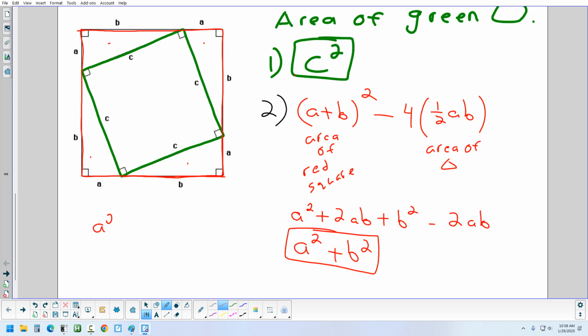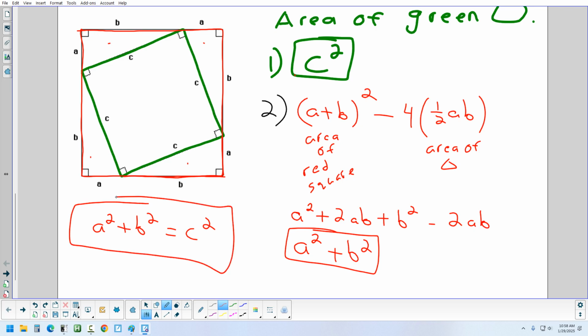So A squared plus B squared equals C squared. So that area equals that area. And that's one way you can explain the Pythagorean theorem. And just make sure you're clear about what A, B, and C are.